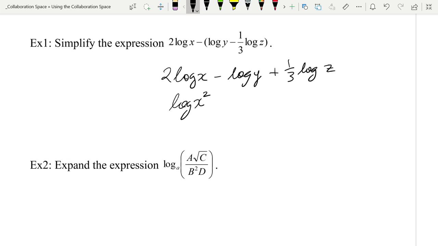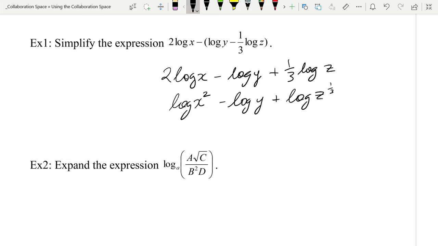I can do that again. Where can I do that again? On the third term. Now I'm going to use laws 1 and 2. I might actually rearrange it, though.